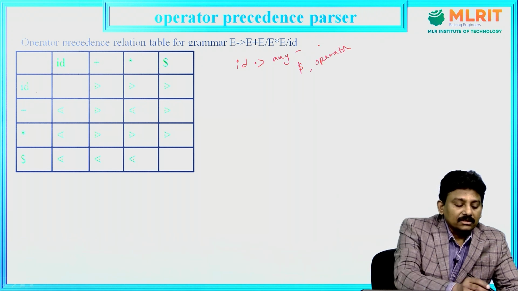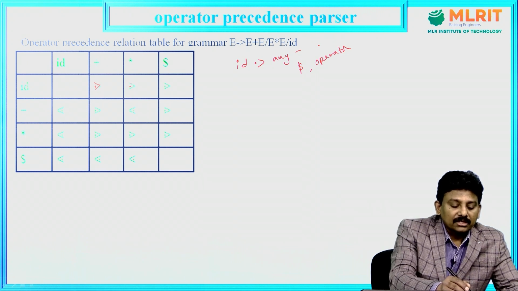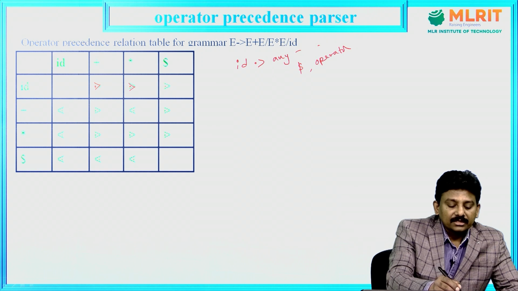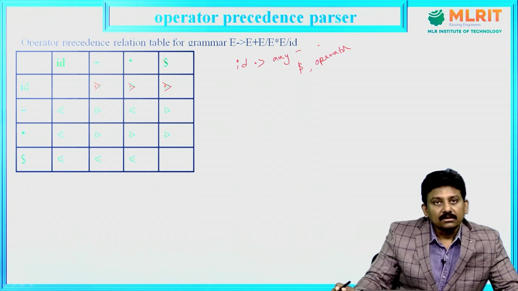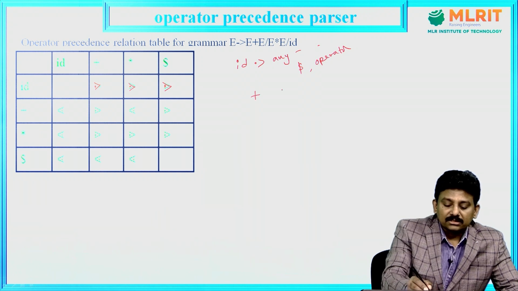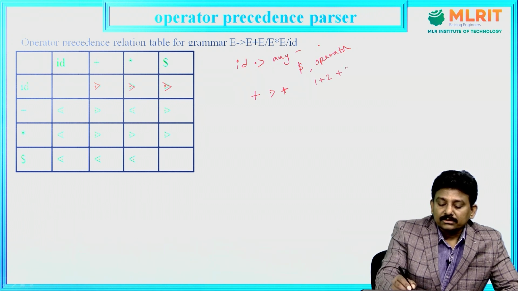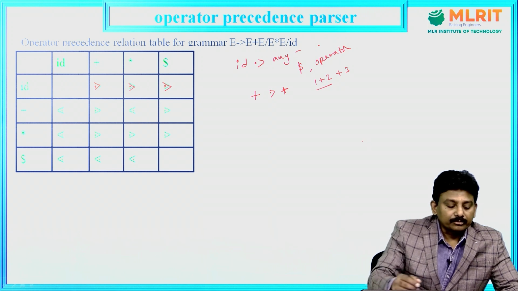So ID has more precedence than plus, ID has more precedence than star, ID has more precedence than dollar. Coming to plus: plus has more precedence than plus, because in the left-hand 1 plus 2 plus 3, this plus will be evaluated first.